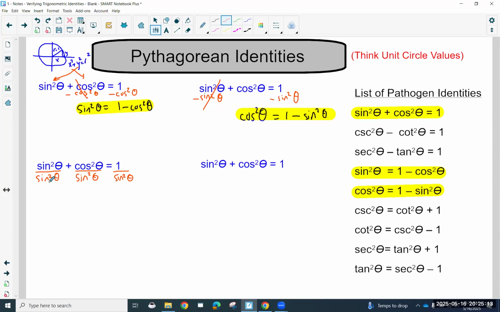When this cancels out, it doesn't actually cross out because there's actually a 1 right here, right? So you get 1. Cosine divided by sine is cotangent. If you go back to the first slide of these notes, you'll see that right there. And then 1 over sine on that first slide of the notes is equal to cosecant.